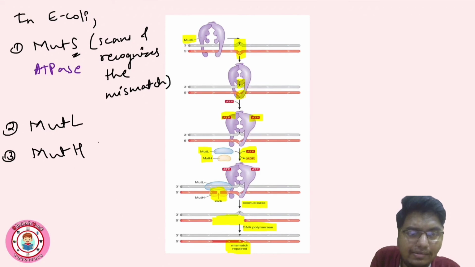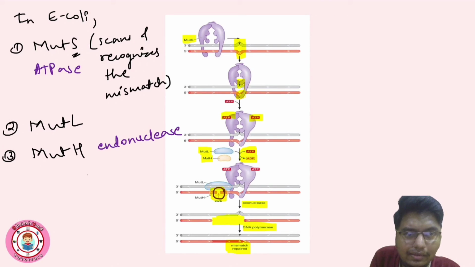And MutH is an endonuclease. We know what an endonuclease is. It makes a cut in the DNA. Here we can see the cut has been made. MutH introduces a nick.